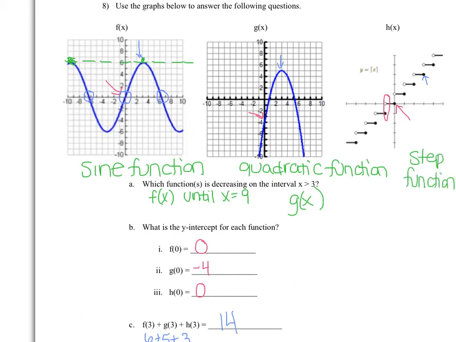If you want to be even more precise, looking at this, it tells us it is actually a greatest integer function. That's its more precise name, but the greatest integer function is a type of step function.